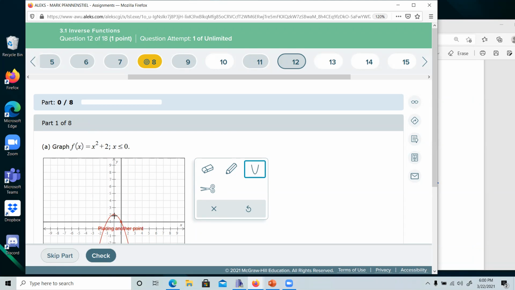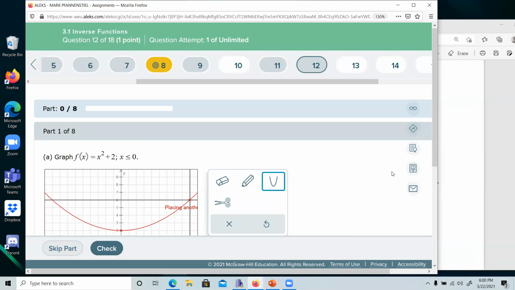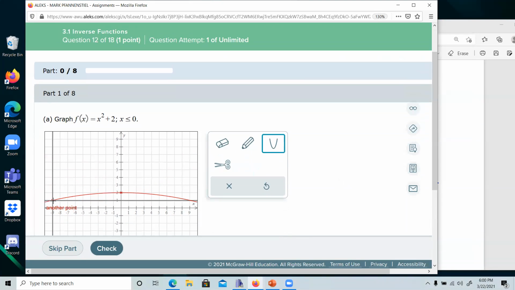So let's see. So pick x equals like -1. -1 squared is 1. 1 plus 2 is 3. Okay, there's the 3 point.